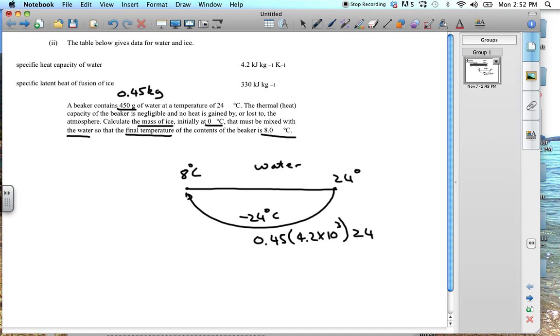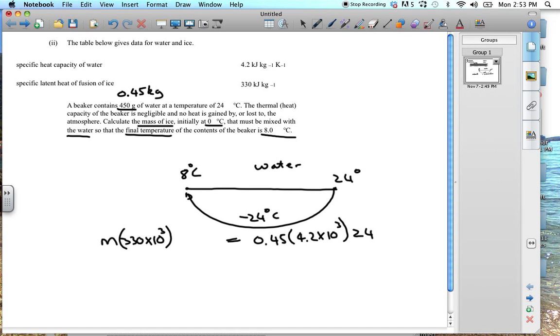Now, where is that energy gained? It's gained by the ice. The ice has a certain mass, which we don't know, but firstly it has to be melted. So that is going to be the mass of the ice times 330 times 10 to the 3.